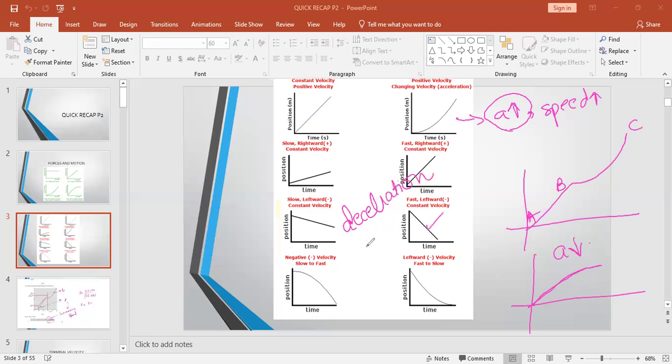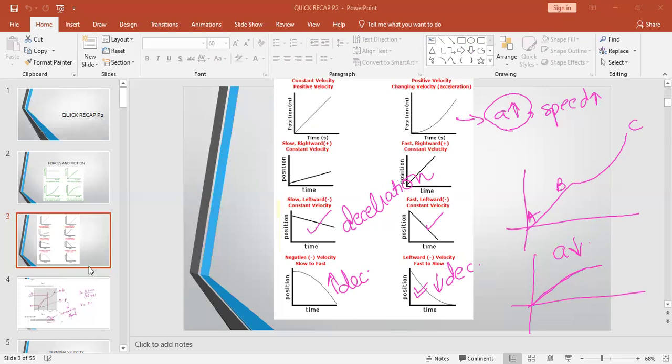Clear? This downward curve is increased deceleration. The change in acceleration or deceleration is very low over here. Is that clear to you? This is how you will define the graphs.